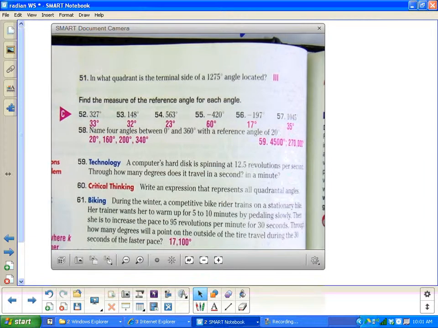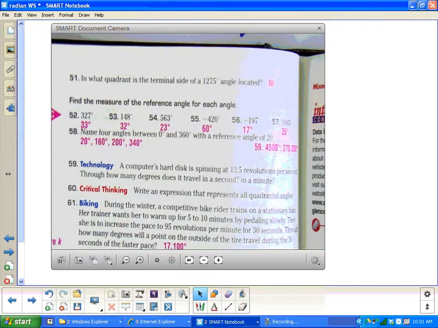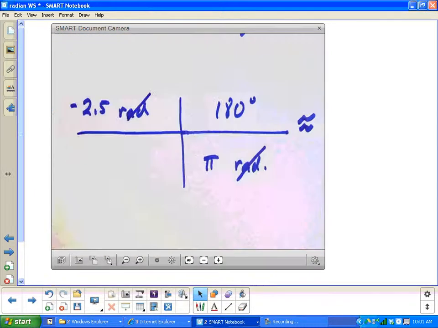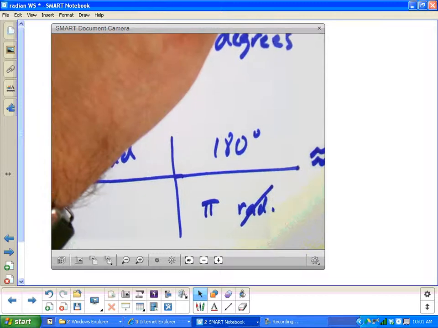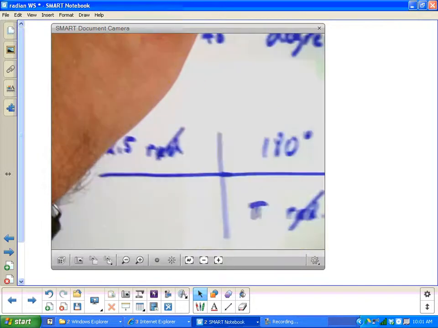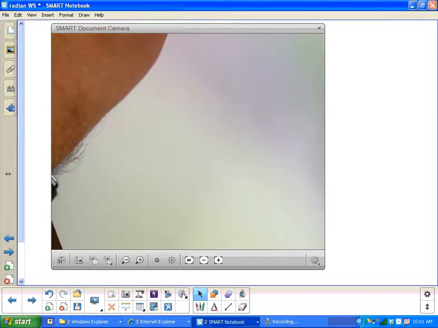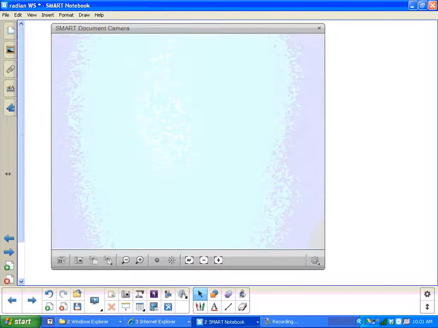So when it says 563 degrees, because it's not between 0 and 360, we can't really tell right off the top of our head what quadrant that's in, can we? Okay. So what we need to do there is find a coterminal angle.